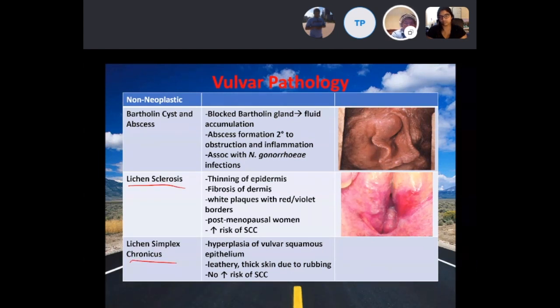And actually, I don't have it here, but now that I've seen it in other texts, lichen sclerosus is described as cigarette paper in appearance. So, again, just very thin versus a thick, leathery skin of lichen simplex chronicus.